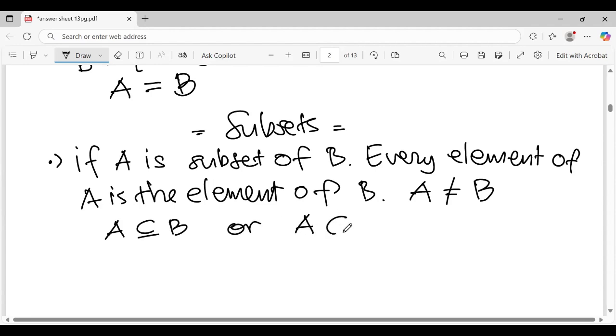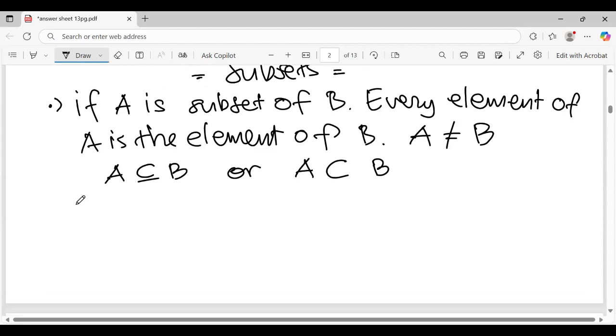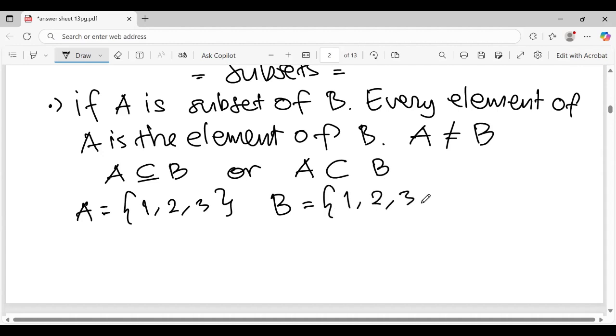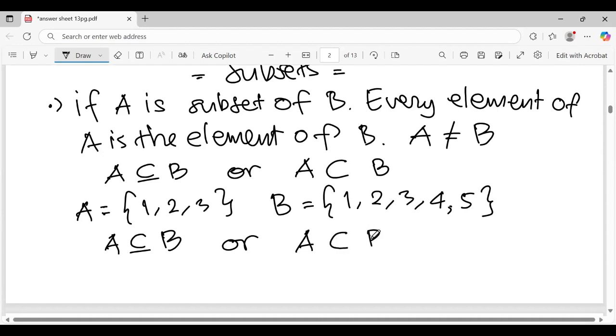For example, if set A elements are 1, 2, 3, and set B elements are 1, 2, 3, 4, and 5, we can state that A is a subset of B. So this is the symbol of subset.